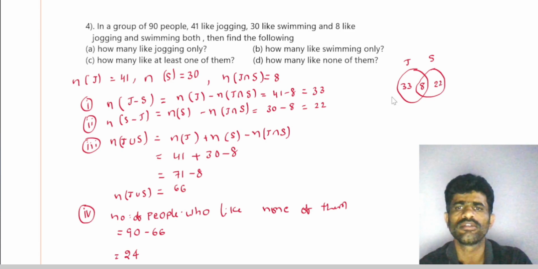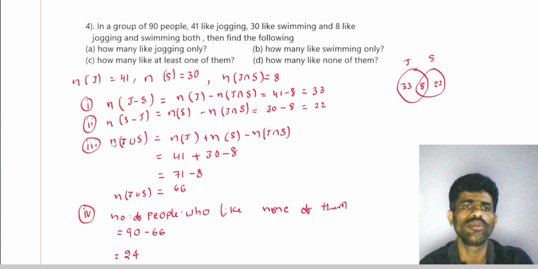If you want only jogging, this is the area, this side without the common region. In that, 33 people are there. So the first question's answer is 33.